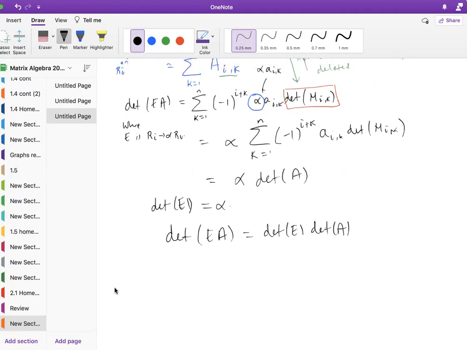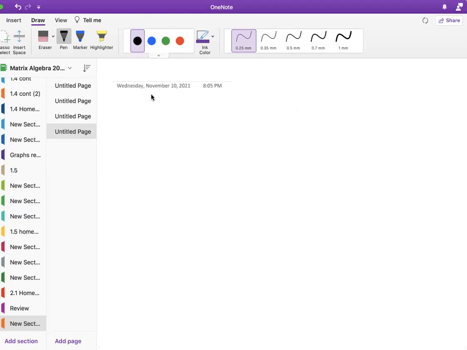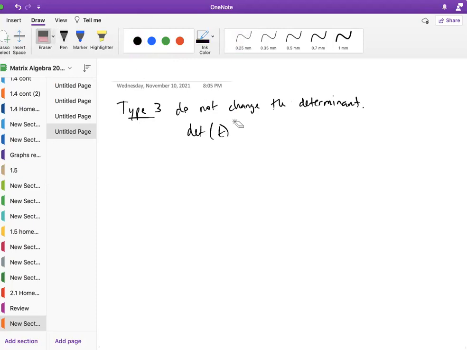All right. We also had the type 3s that do not change the determinant, right? And we saw that the determinant of type 3 was equal to 1.